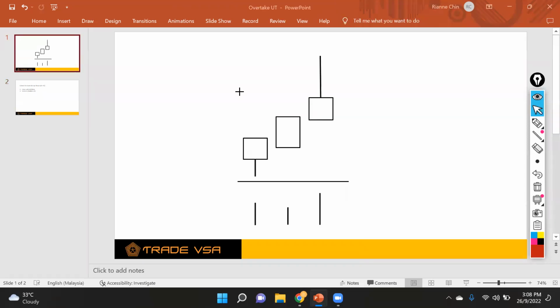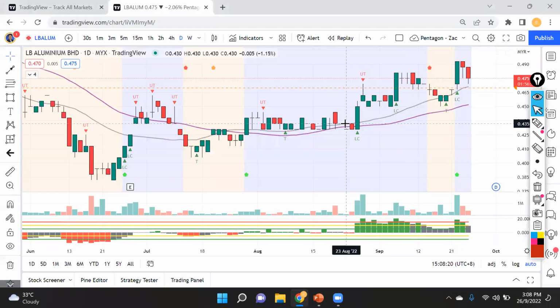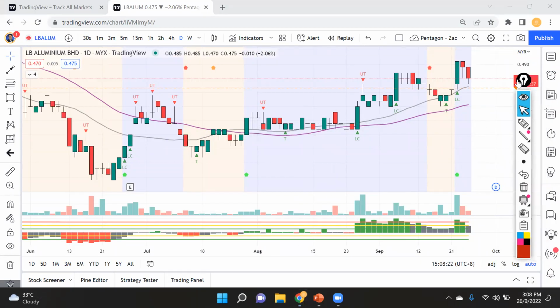CFM is also dropping. Now, this is a very good example. Notice here, this is the so-called Pentagon. It didn't show a line change over here, probably due to the volume, but this candle is not too wide, which is pretty good.